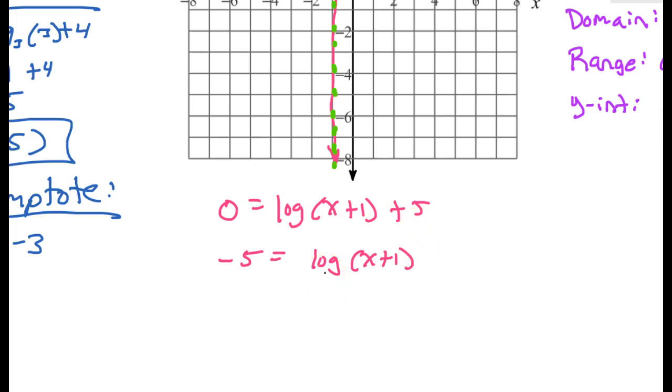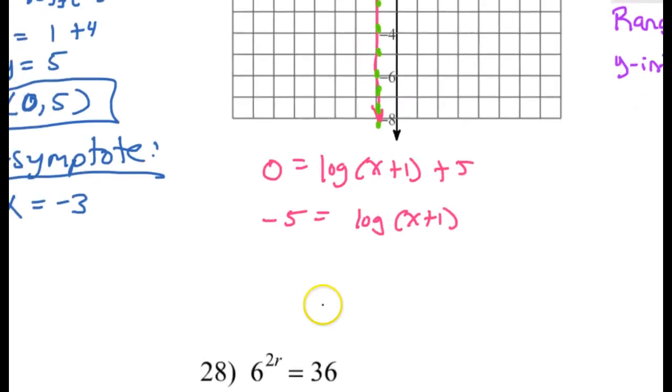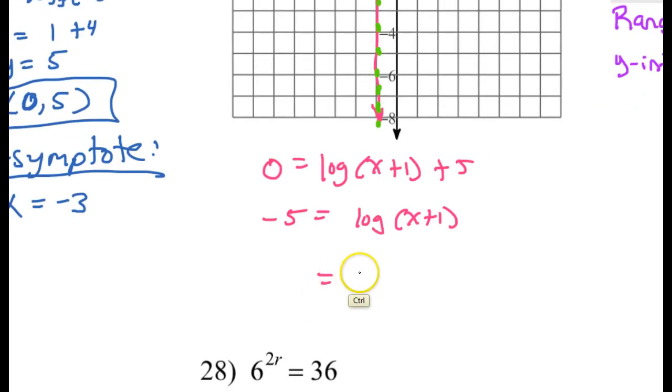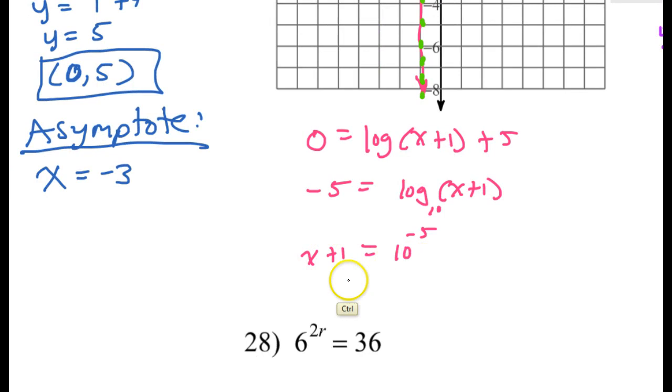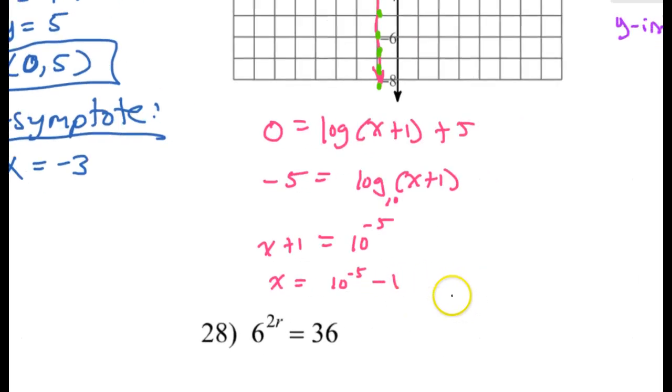But then we would have to rewrite this in the other form. So this would be, remember that we have base 10, so this would be 10 to the -5 power is equal to x + 1. And then we'd have to subtract 1 from both sides. So this will be x is equal to 10 to the -5 power minus 1.